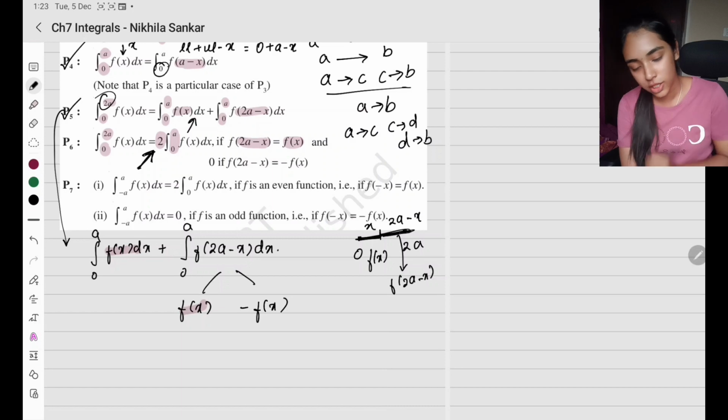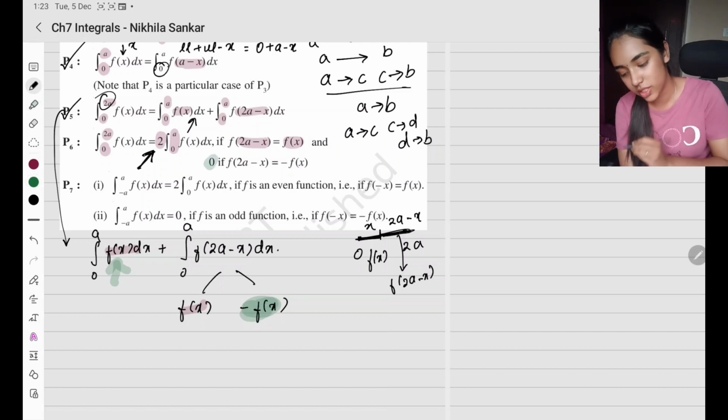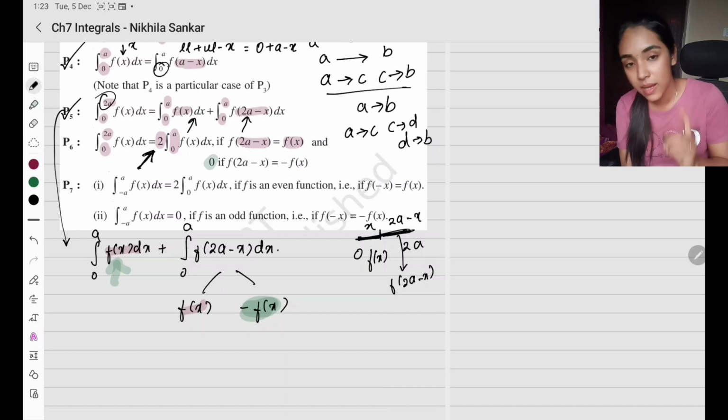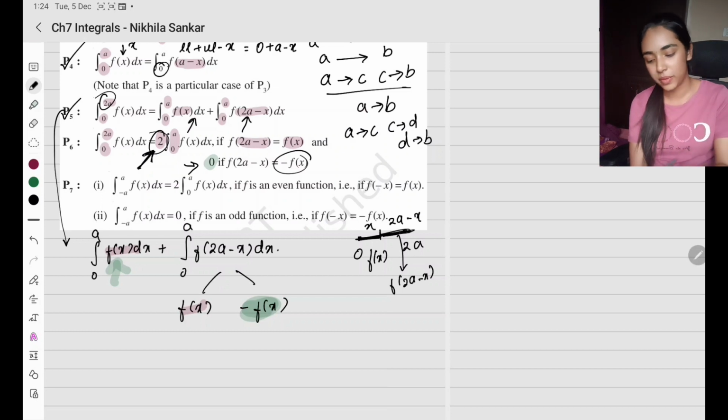If we are choosing f of minus x, f of x and f of minus x becomes a 0. So அதுதான் இங்க கொடுத்திருக்கு. I have two different conditions. So f of 2a minus x இங்க இருக்கிறது f of x positive function இருந்ததுனா it will be 2 times. If it's a negative function, you're going to subtract. They are going to get subtracted and you'll get a 0. Okay. This is property number 6.